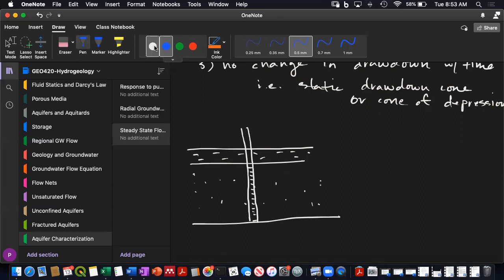And I'm going to say I've got 2 observation wells, one at radius 1 and one at radius 2 away from this. And what we have here, after a long time, we've said, hey, my cone of depression is constant.